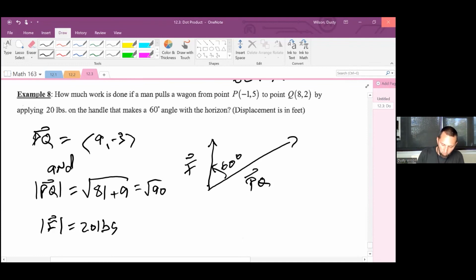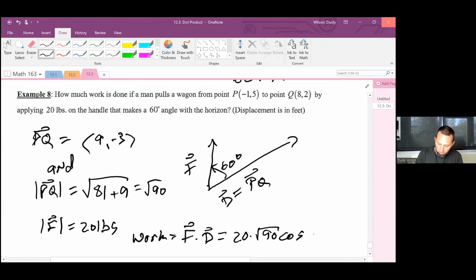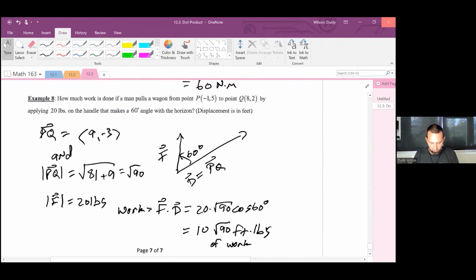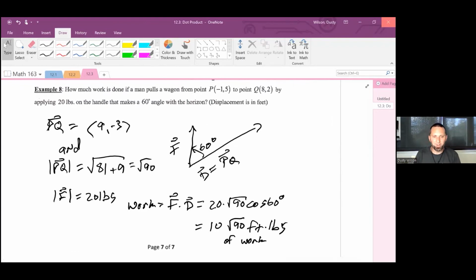So here's our displacement, and our work is going to equal F dot D. Like we did before, this is going to be 20 pounds times the square root of 90 feet traveled times the cosine of 60 degrees, which is a half, or when all is said and done, we'll have 10 root 90 foot-pounds of work done. That concludes our lesson on the dot product.